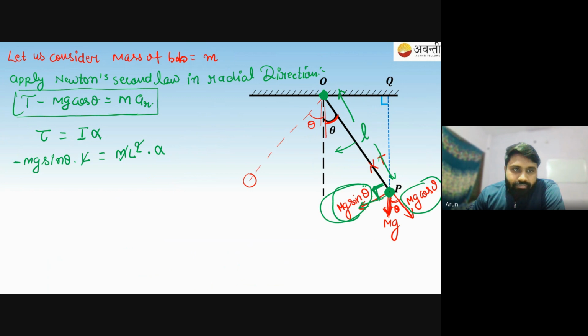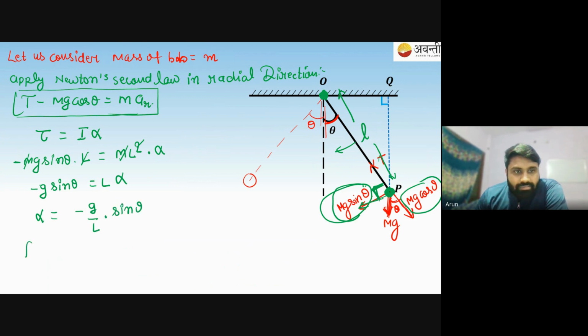M and M will also cancel out. So what do you have? You have minus g sine theta equals to L alpha, or you can say alpha is equal to minus g upon L into sine theta.